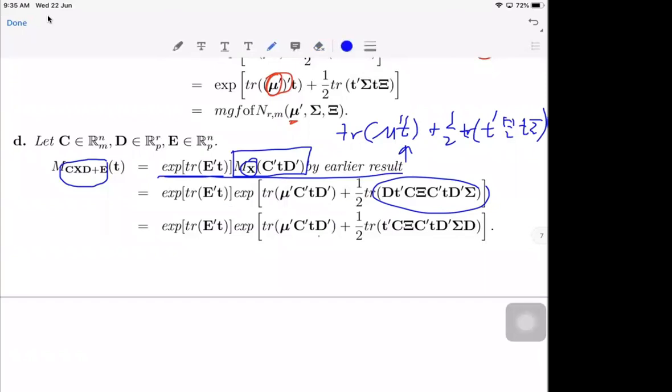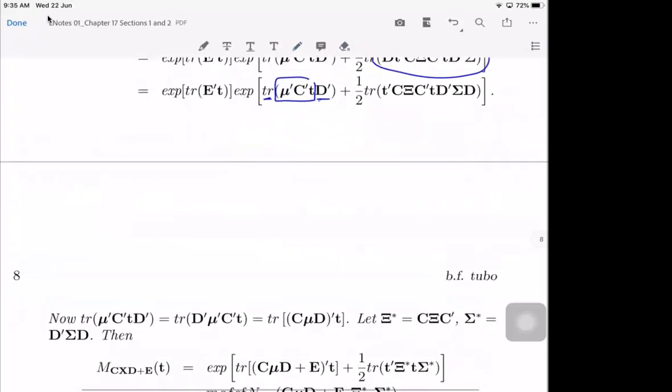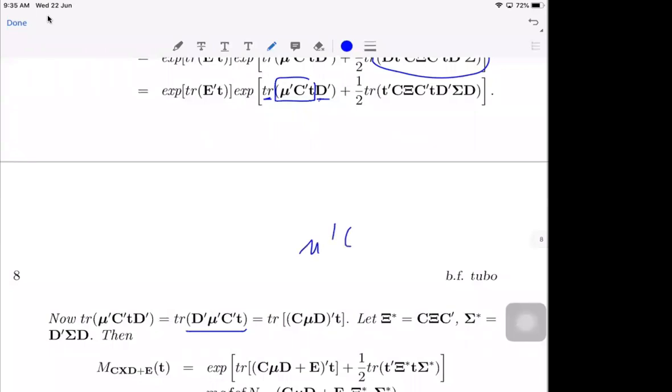So what you do, since it is a trace, is swap it. So it becomes d prime. Okay, d prime mu hat C prime D, no? And then since it should be mu prime D, only one component should be primed.